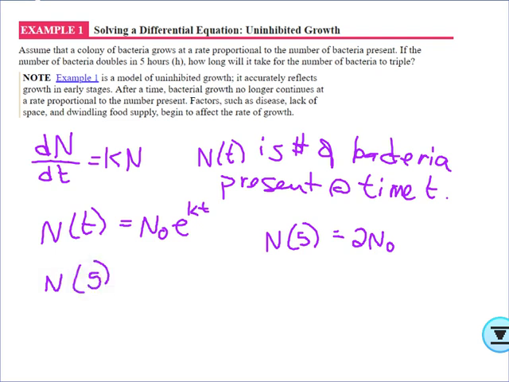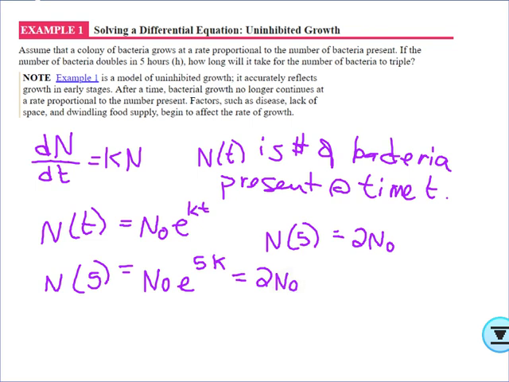So N of 5 is equal to N naught, sorry, we're using our equation, e to the kt. It's N naught e to the 5k, and that's going to be equal to double my initial value.